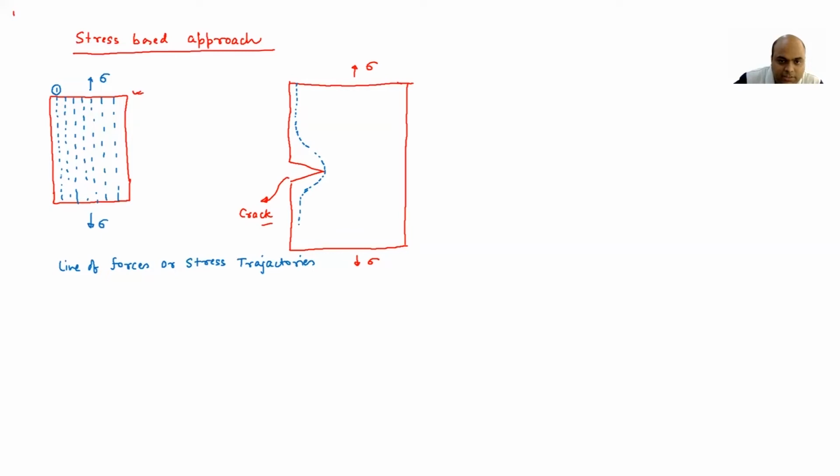So there is a deviation in the path. Why? Because this particular crack here cannot sustain this load. So you can see here it was a full material, then the line number 1, but now there is a deviation, right? And you can do this for all these lines.